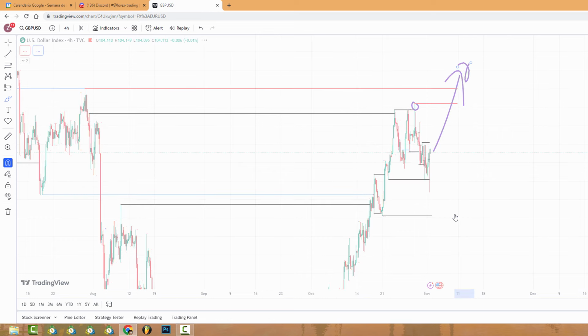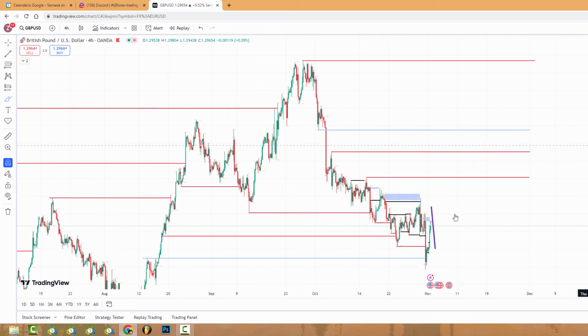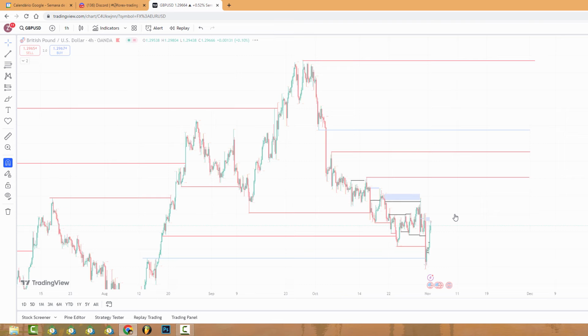Because when you add confluences, you're adding ways for your trade to hit your TP, for your win rate to increase. That's how you want it. It's not just sell and pray, buy and pray. No, we're adding confluences here. The point of being a profitable trader is having an edge.